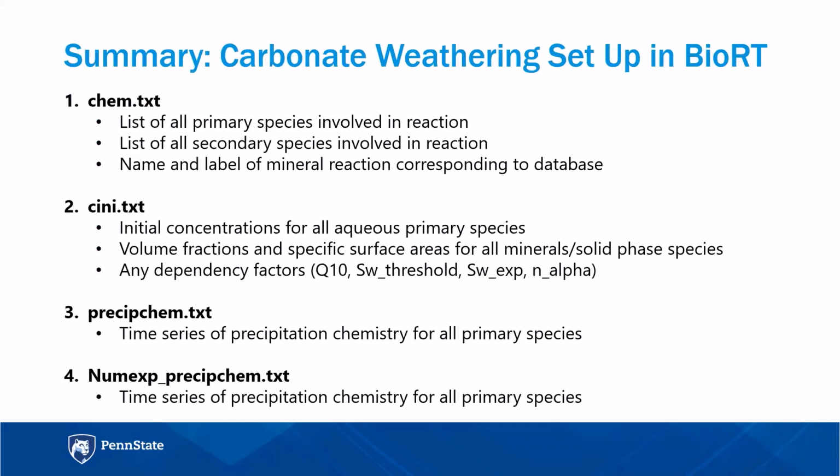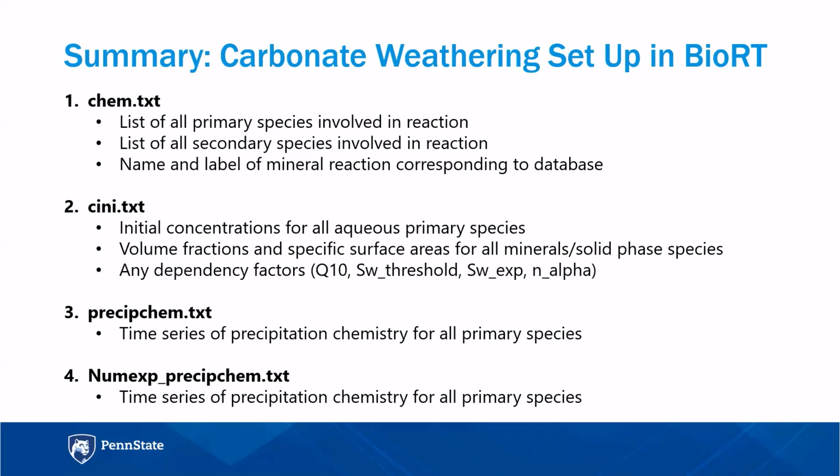Great, and so that's it for the input files, but to quickly summarize, the files that need to be amended when setting up a carbonate weathering reaction in BioRT include the chem file, where we list out all of our primary and secondary species, as well as the name and label for mineral reactions.